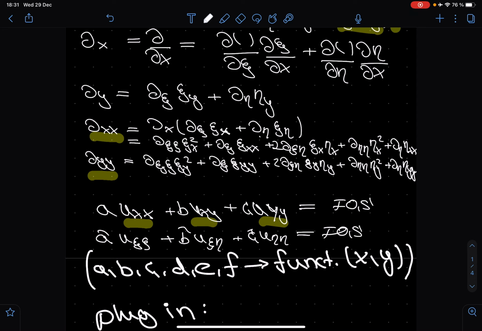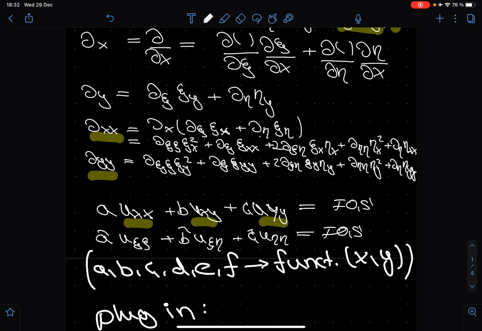We will see now, because of the symmetry of these two operators here, that the new coefficients A with the bar over there and C with the bar over there, or A hat and C hat, will be the same because of the symmetry of those two derivations of our new coordinates.